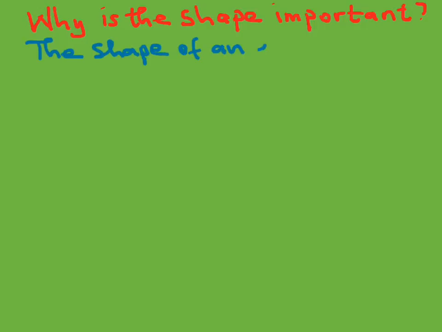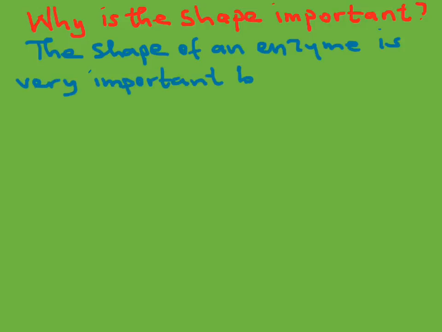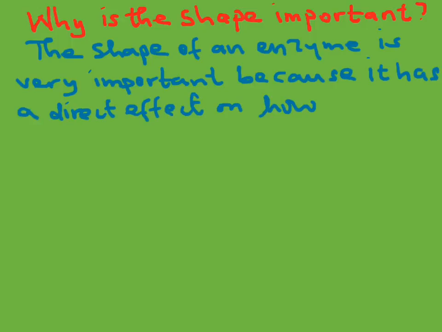The shape of an enzyme is very important because it has a direct effect on how it catalyzes a reaction. That is why the shape of an enzyme is so important.